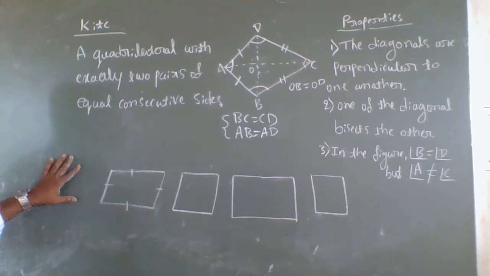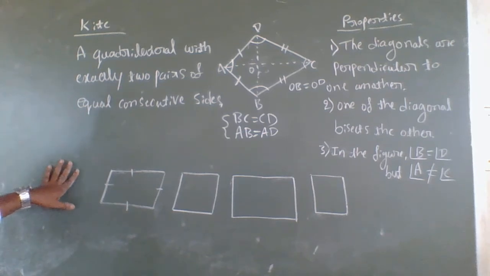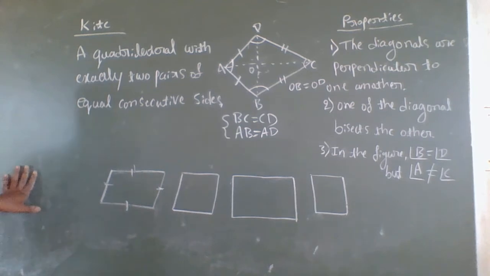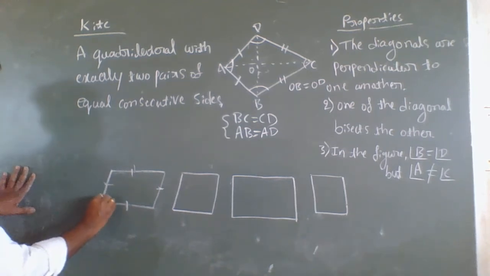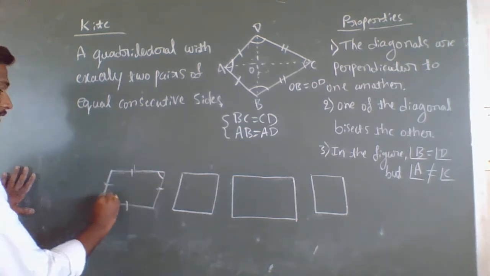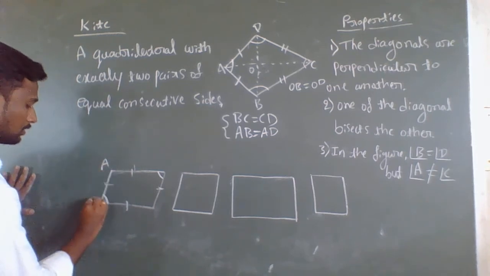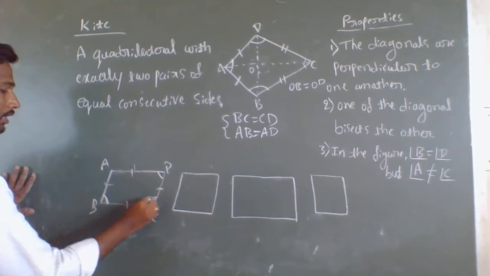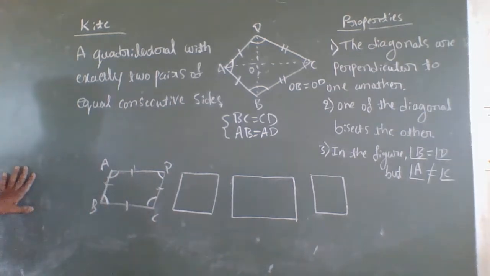What are the properties of a parallelogram? Opposite sides are equal, and opposite angles are equal. Consider A, B, C, D: angle B is equal to angle D, and angle C is equal to angle A.